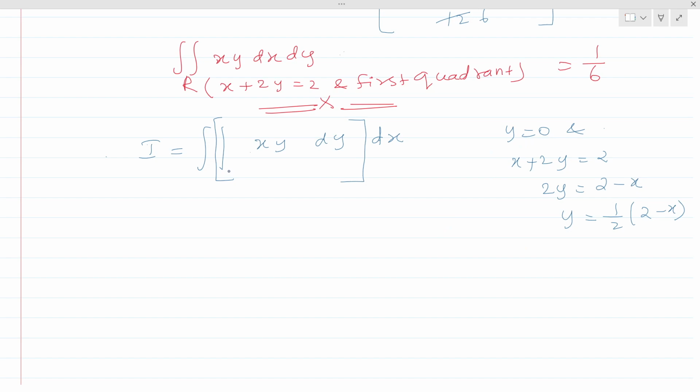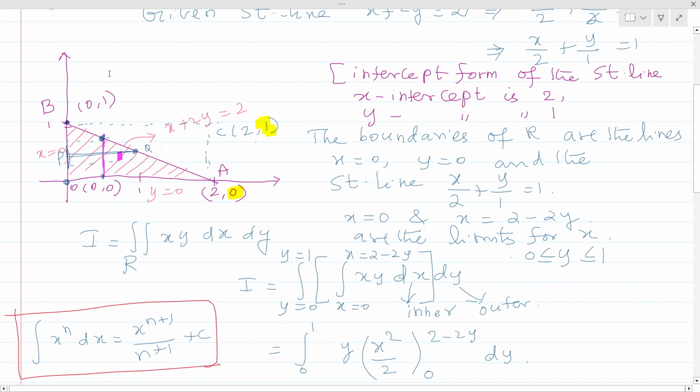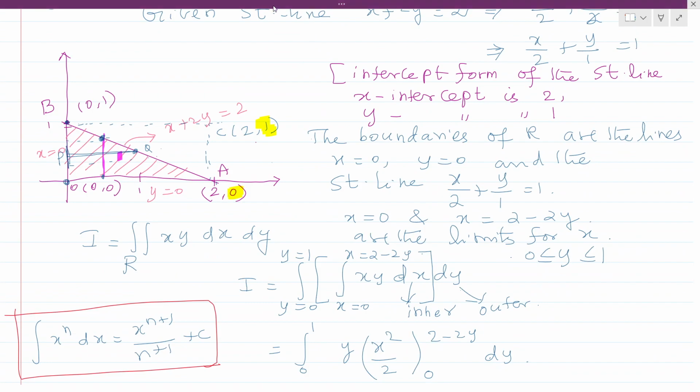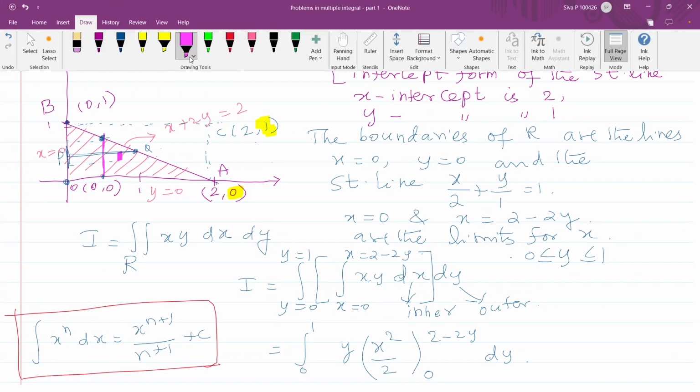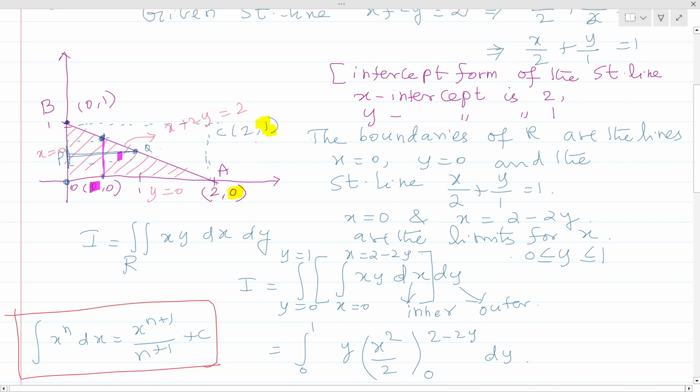So what are the limits of y? y equal to 0 to y equal to (2 minus x) by 2. Similarly, what are the limits for x here? If you are choosing limits for x, what happens? x equal to 0 to x equal to 2.